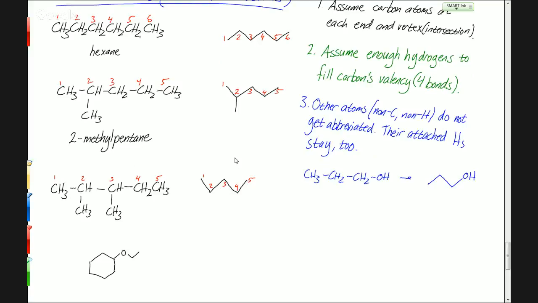Now, one thing I'm going to do a little bit differently on the structure is I'm going to put that methyl group up instead of down. Now, I could draw it like that. The reason that we put it up instead of down is part of what we do with these line structures: we want to approximate the bond angles, like what is the actual angle that these things take. If you look at the way it's drawn right there, that's a very, very condensed bond angle.